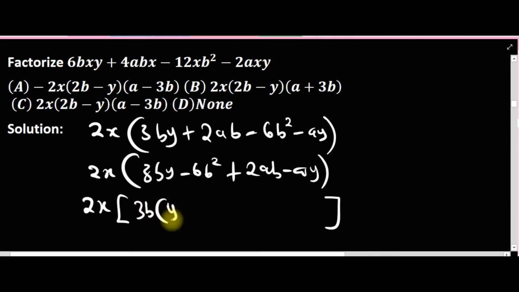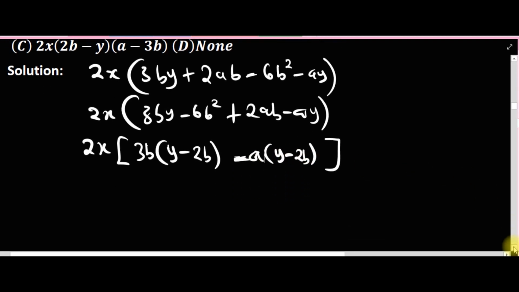So we are left with y minus 2b. Check it. The only way we can do this is to repeat whatever is here: y minus 2b. So you counter it. For this to be minus, I need to write this as minus a. Because if you multiply minus a times y, I have minus ay, and minus a times minus 2b, I have plus 2ab. So it's correct.